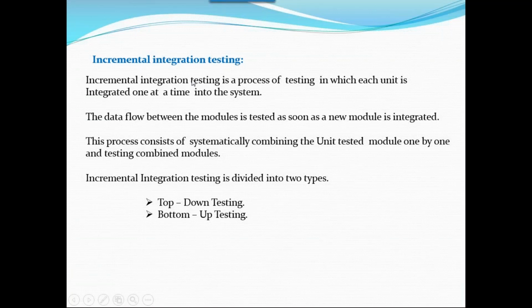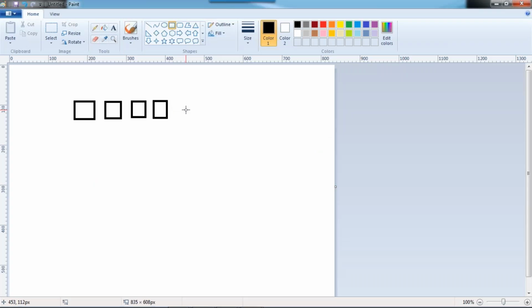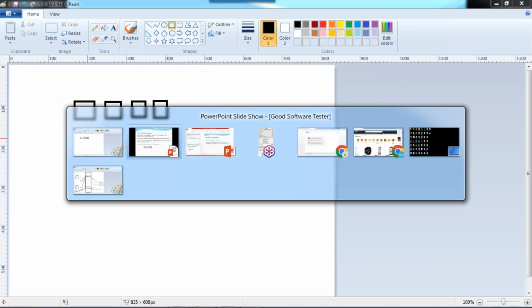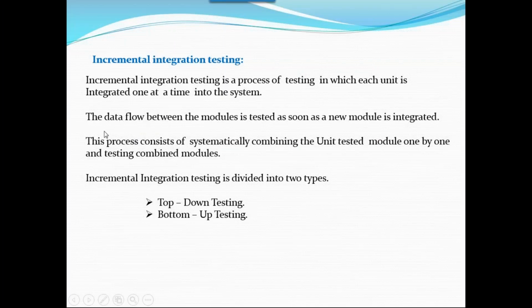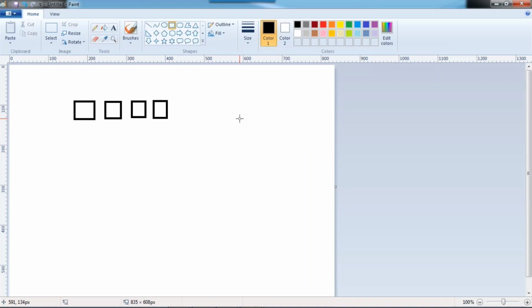So incremental integration testing is the process of testing in which each unit is integrated one at a time into the system. They added one module, we need to test. So this is a lengthy process, and it also takes time. But we need to test the data flow. For what reason are we doing this integration? I told you, right? The data flow between the modules is tested as soon as a new module is integrated.